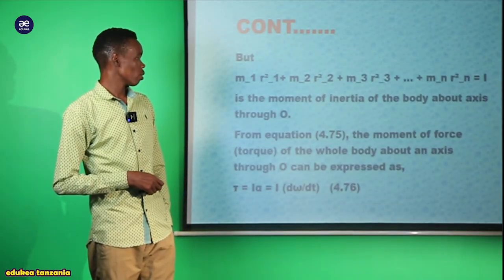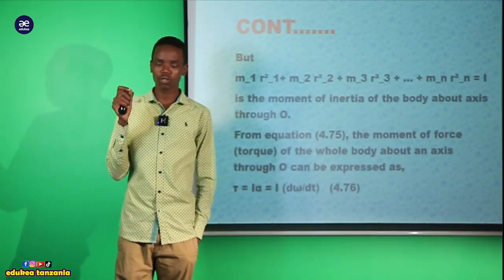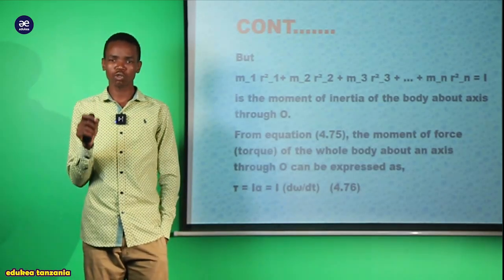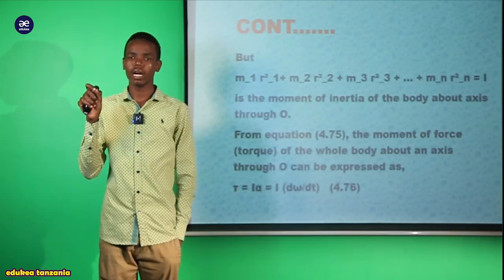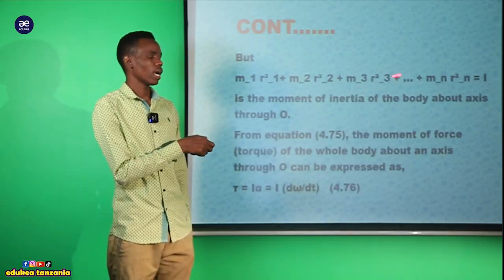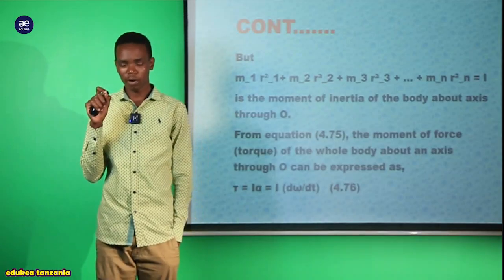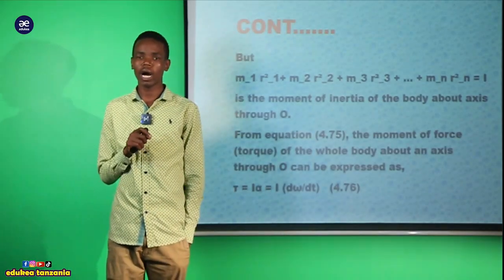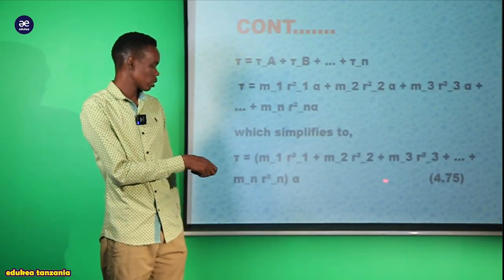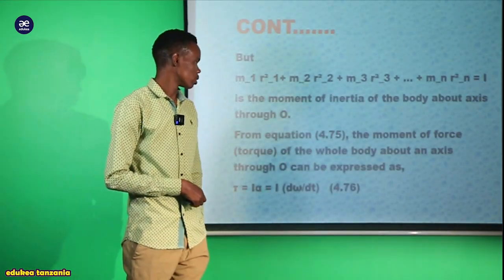So as we observe, we can say that the definition of this m1 r1 squared plus m2 r2 squared plus m3 r3 squared, up to the nth term, the sum of m times r squared, represents the moment of inertia for the whole body, because we know that the moment of inertia for an individual body is equal to m r squared. But for the whole body, what we have put in the brackets is equal to the moment of inertia that expresses the whole body.